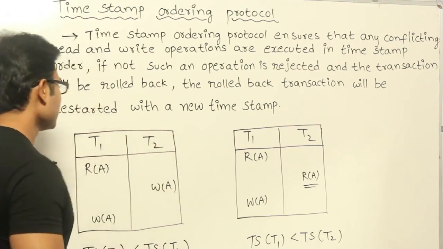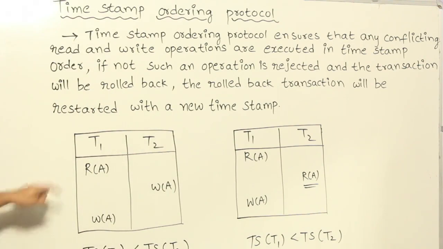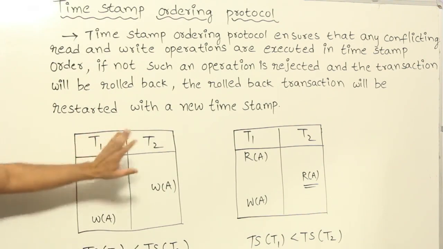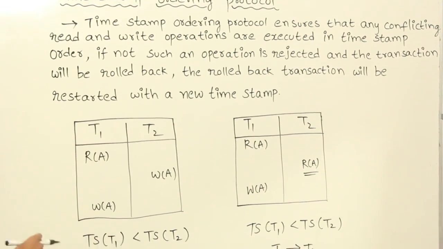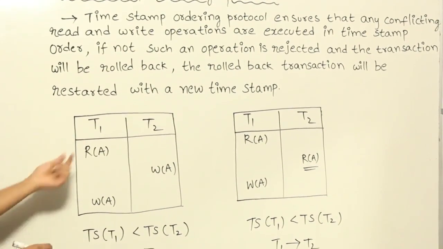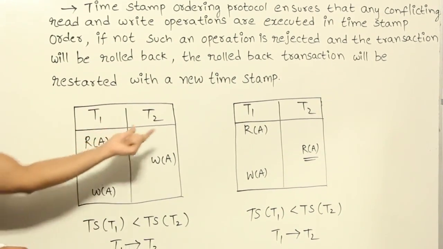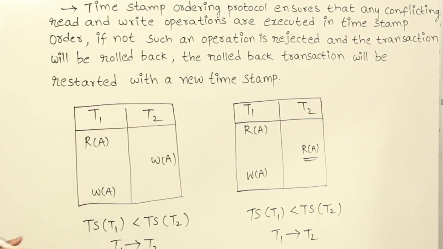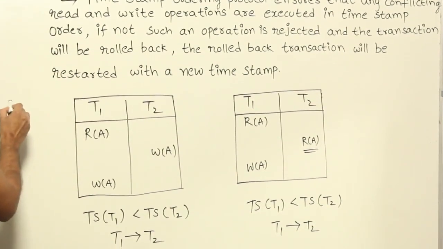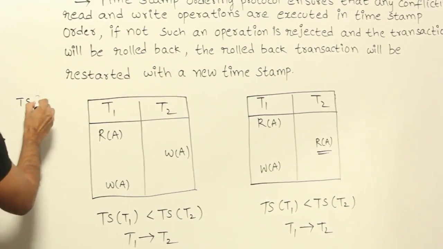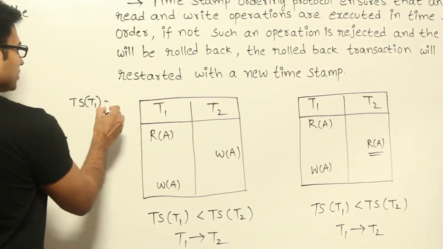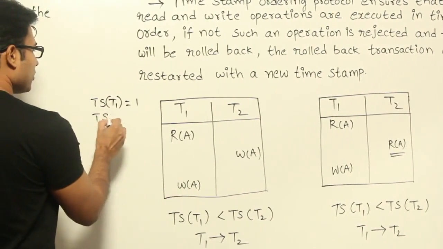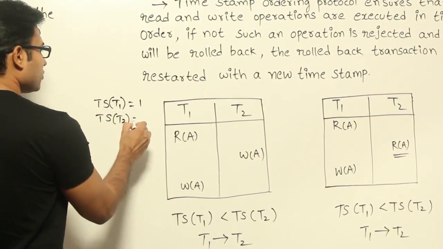So what I mean to say is, let us say T1 and T2 are two transactions which you are trying to run. Assume that T1 is the first one to have entered the system and T2 is the next one to have entered the system. Let us say you have already assigned that timestamp of T1 is equal to 1 and the timestamp of T2 is equal to 2.